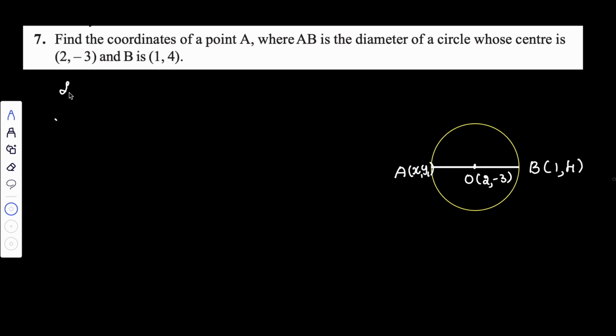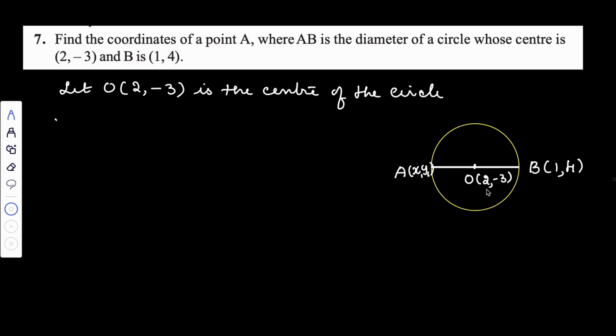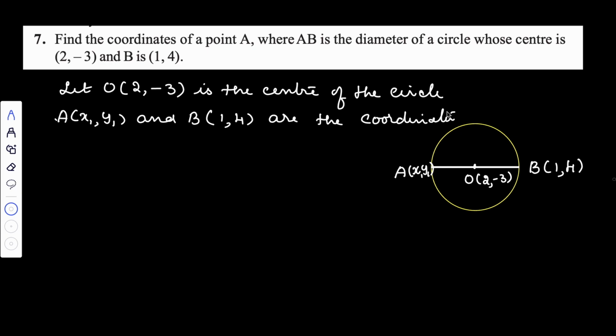So here let O (2, minus 3) be the center of the circle. A (x1, y1) and B (1, 4) are the coordinates of the diameter. You know that the center of the circle is the midpoint of the diameter.